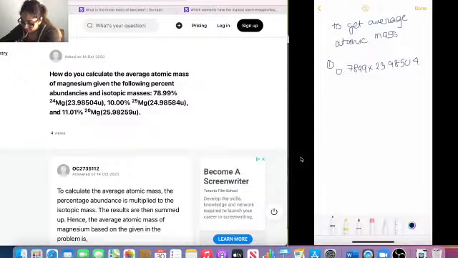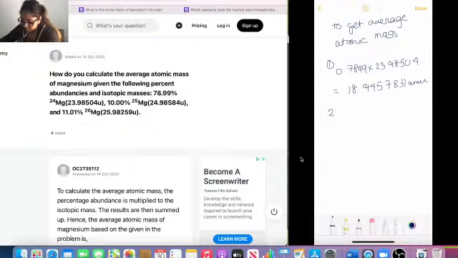And so when you multiply these two numbers out, I get 18.9457831 amu, which is the unit for atomic mass, or u.